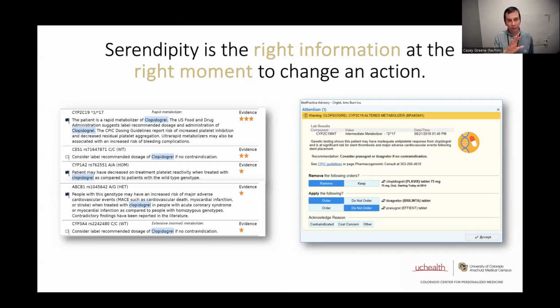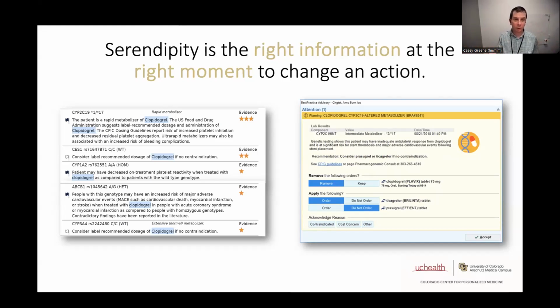What we do in terms of the idea of serendipity on the right here, this is something that happens at UC Health for folks who are part of a biobank study where we've been able to return structured information about their genetics. If in that case, a provider was going to order, in this case, Plavix, for someone who we think wouldn't benefit from Plavix in the same way, instead we recommend, so as soon as they put that in, this screen would pop up and say, we recommend you remove this and apply one of the following.